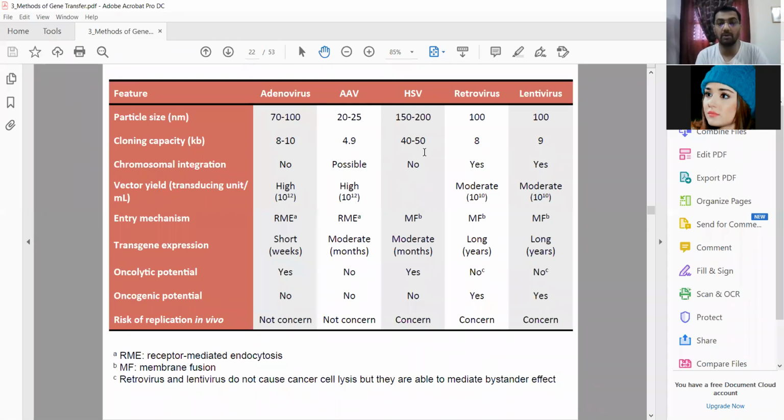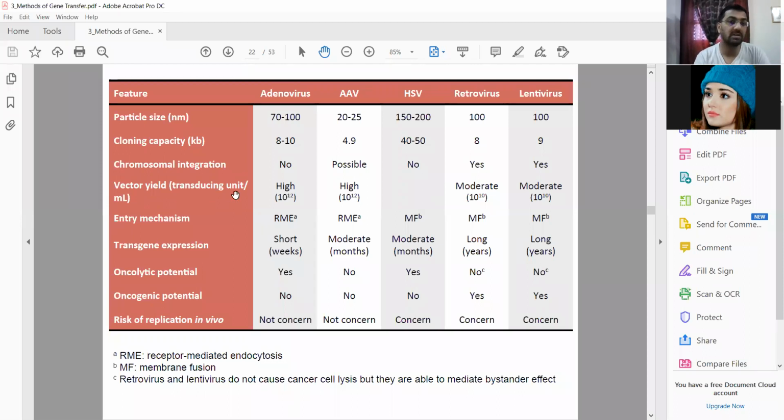So a big amount of genes could be accommodated using herpes simplex virus. Retroviruses and lentivirus accommodate 8 to 9 kb. Chromosomal integration is possible with only adeno-associated viruses, retrovirus, and lentivirus, while HSV and adenoviruses don't show the capacity for stable integration or stable gene transfer.